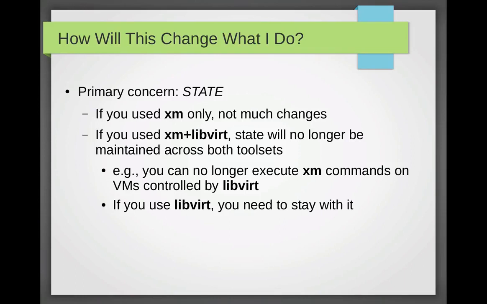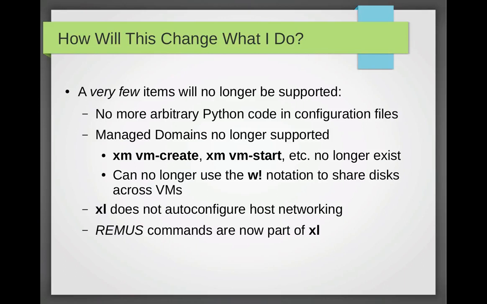It does not work, because XL doesn't know about anything that libvirt has created and vice versa. So if you're working with libvirt, stay with libvirt. Use the libvirt-based tools, and everything will be just fine. But you cannot cross from one tool set to the other. For most people, this is not a problem at all.